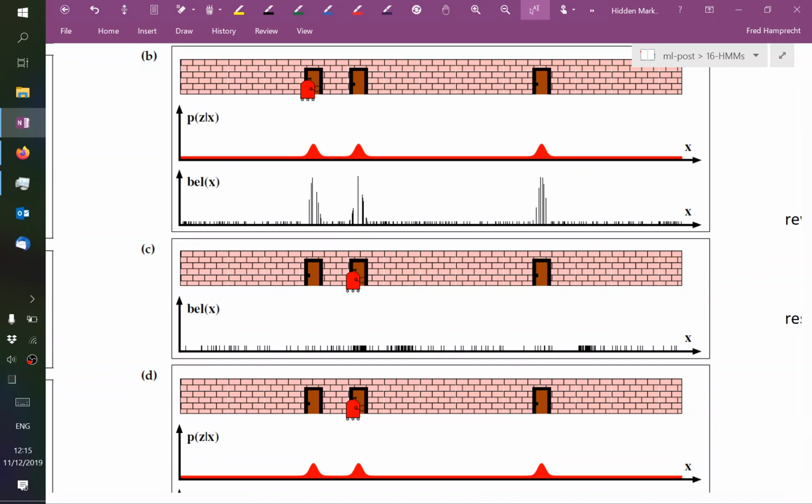After the motion model, you see the particles have moved to the right, but at the same time they have been resampled. So we have a large density here and a small density over there, and so on.